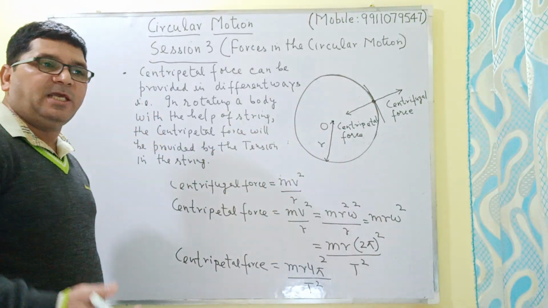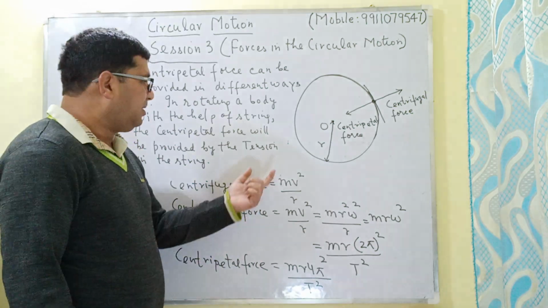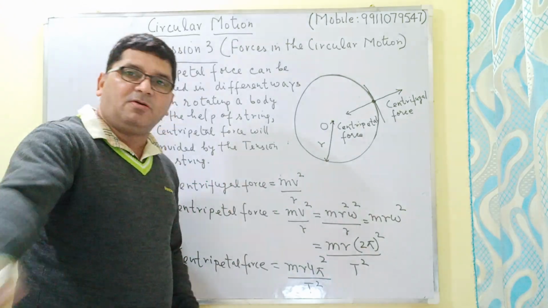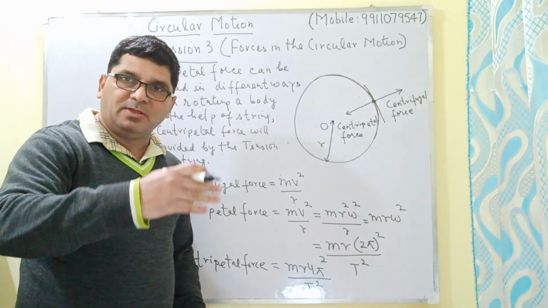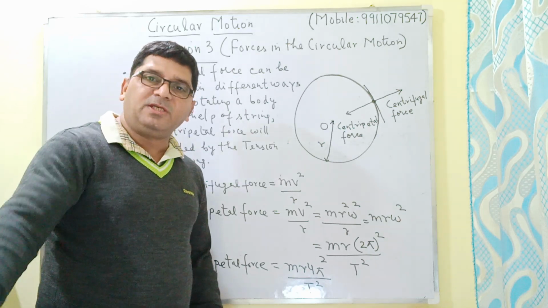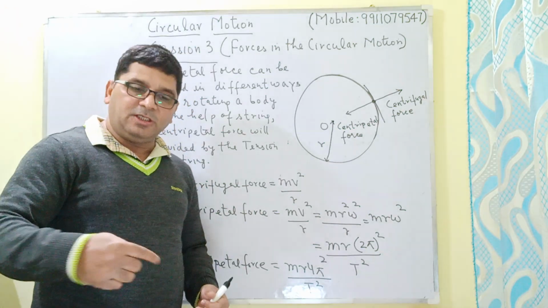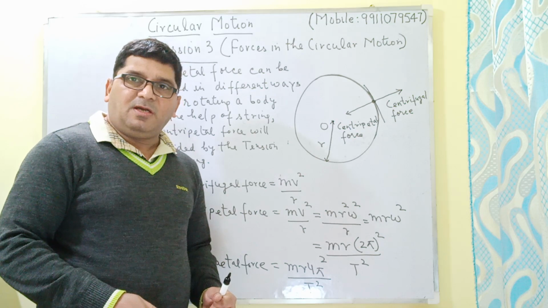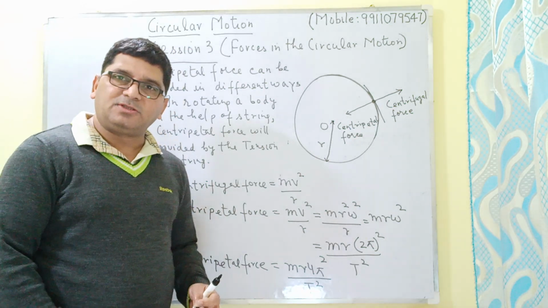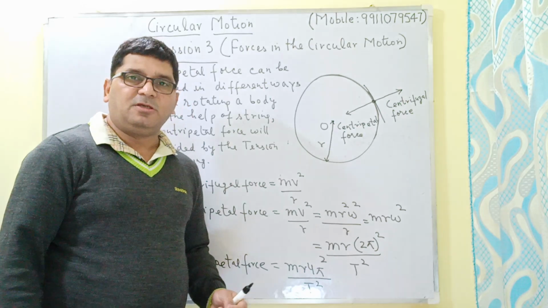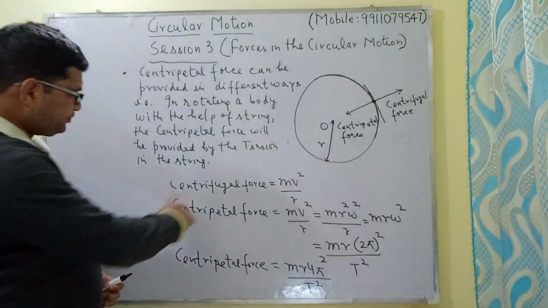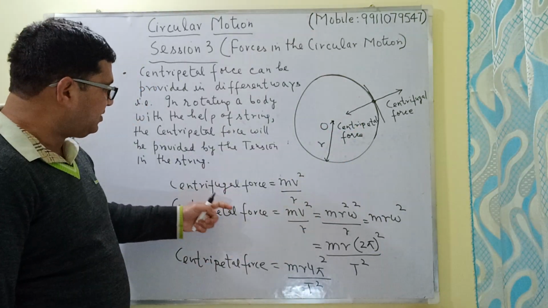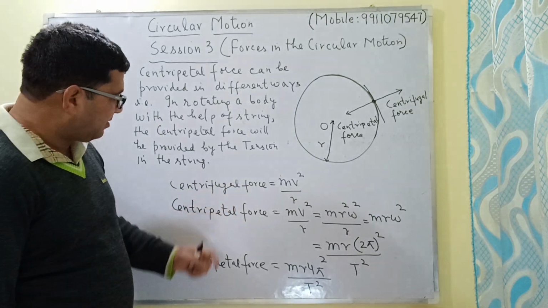This is one example. However, if you are moving in a circular path on a road, then the centripetal force will be provided by the force of friction, and that force of friction will also be directed towards the center of that circular path. So a body moves in a circular path when the centripetal force is equal to the centrifugal force, and this is the equation for both.